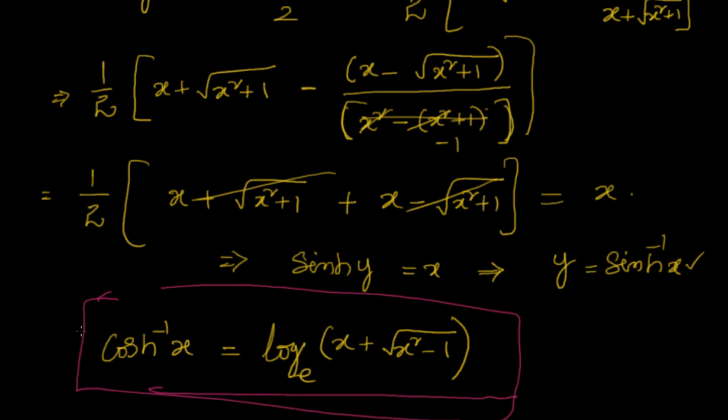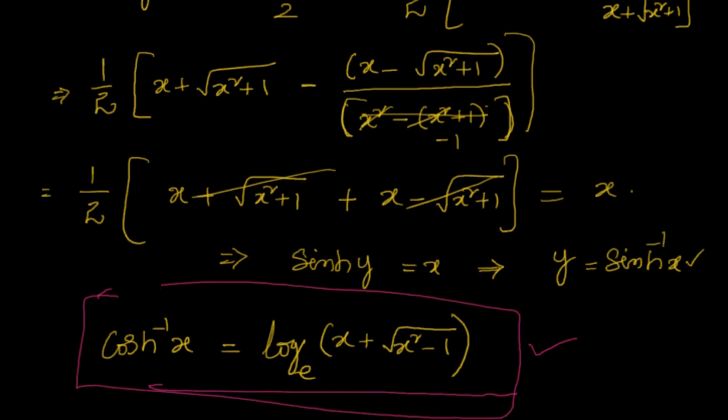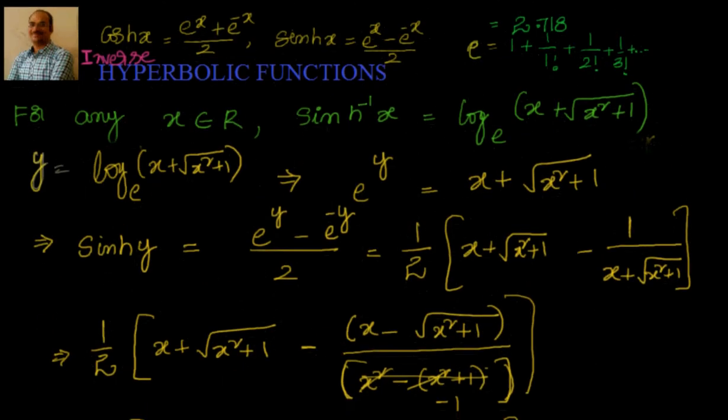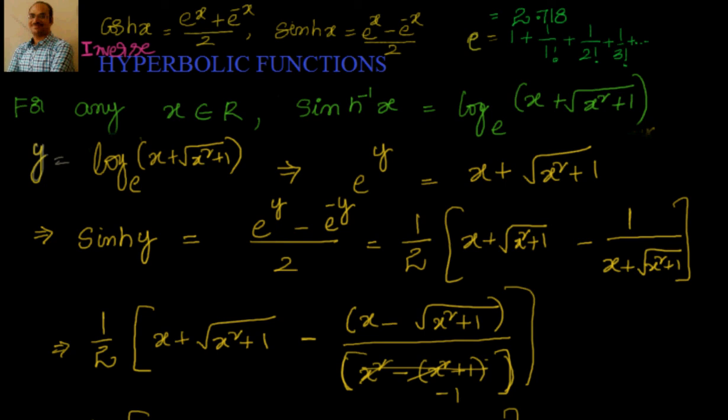And tanh of y is nothing but sinh of y by cosh of y, that is e power y minus e power minus y by e power y plus e power minus y. If I multiply with e power y, this is nothing but x is equal to e power 2y minus 1 by e power 2y plus 1.